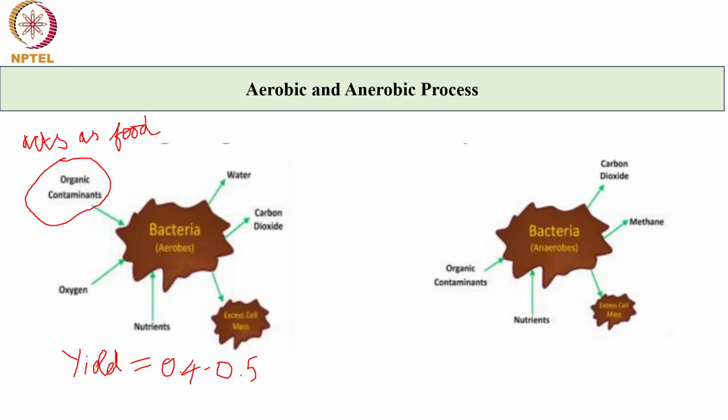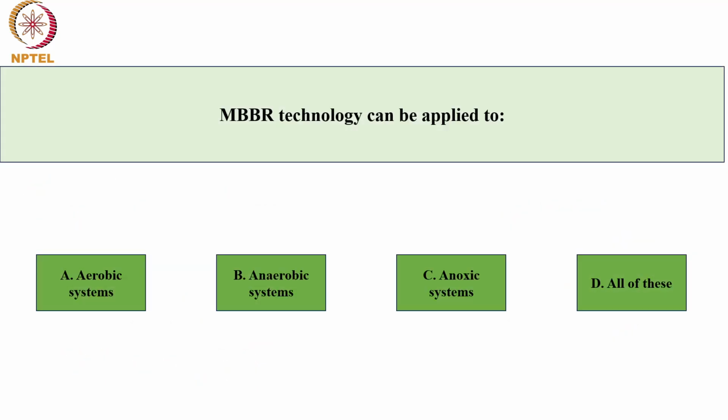Nitrifying bacteria are autotrophs, that is, they will take the alkalinity, they won't consume organic contaminants. Dominantly, organic contaminants will be used by the heterotrophic bacteria to produce carbon dioxide and cell masses. While producing cell mass, some nitrogen also will be taken by the heterotrophs, but it won't be converted to NO2. What you are telling is for nitrifiers; for nitrifiers, it can do. Is it fine? Okay, it's fine.